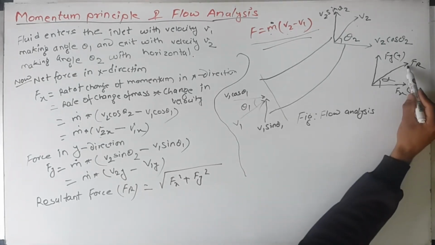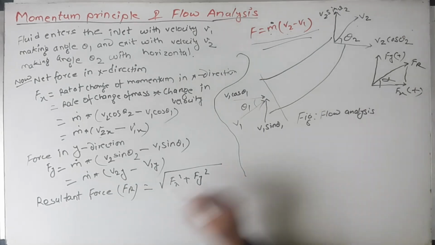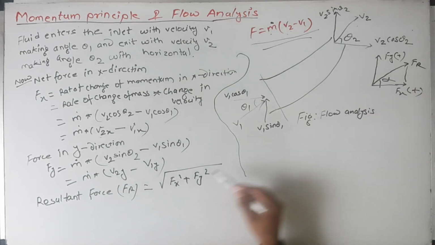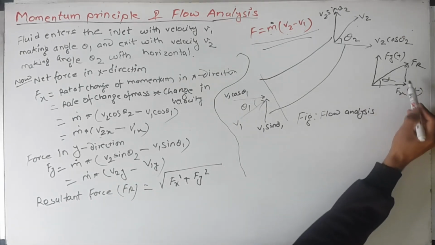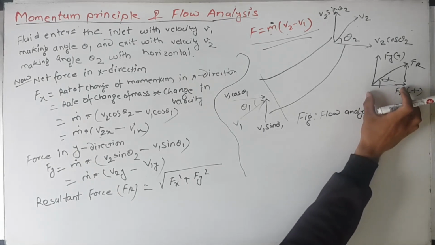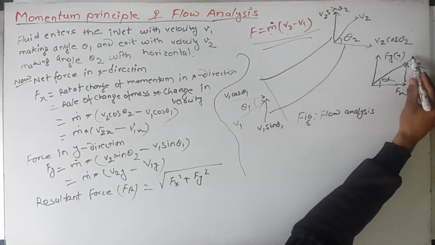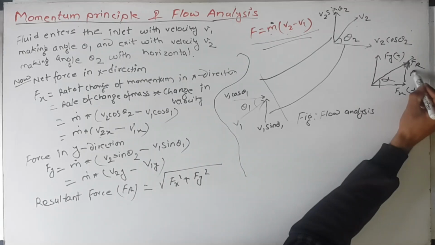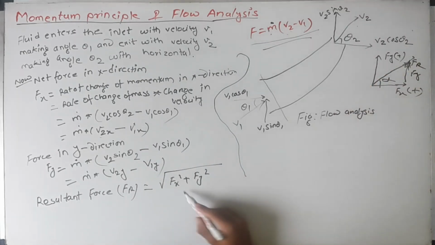We use the triangle law of vectors to find this. We can assume this side as Fx and this side as Fy, so that using Pythagoras theorem we can calculate this.